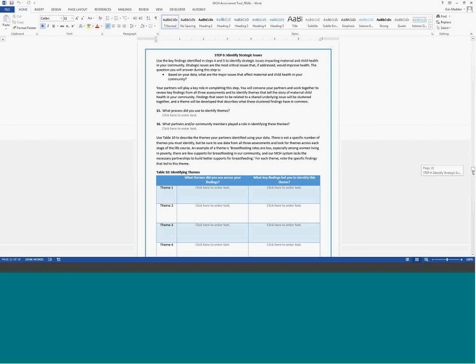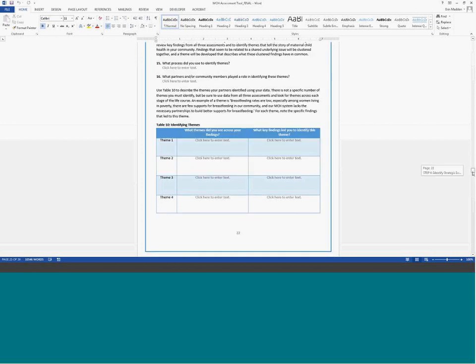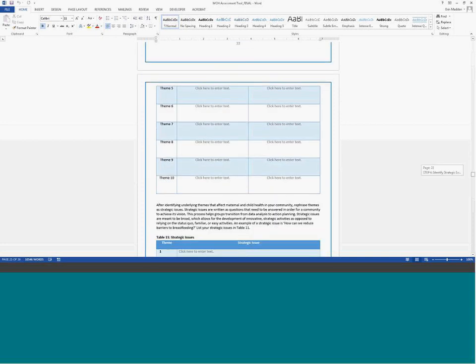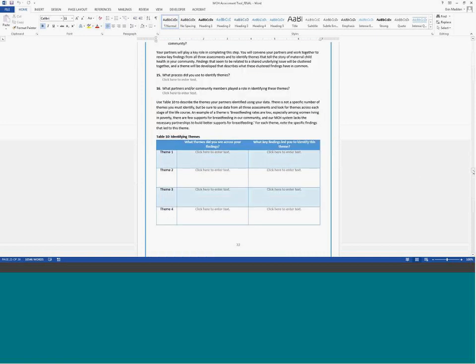Then under 10, you'll describe the themes that you identified. You'll note the theme that you identified across findings, and again, you'll note the specific findings that led to that theme. So you might have a theme like, I think there's only an example in here in the text, but you have a theme like, there are few opportunities for ladies to receive behavioral health and mental health services, and you might have had that come up in a focus group.